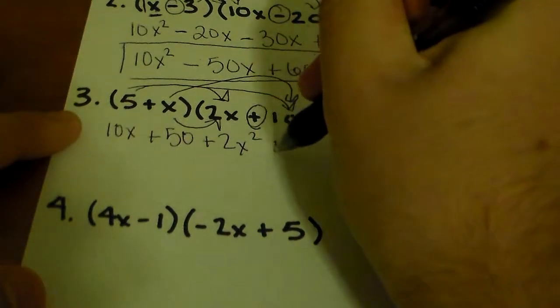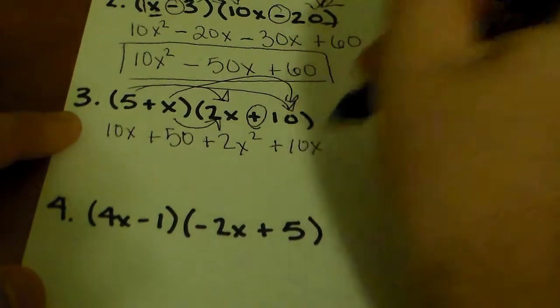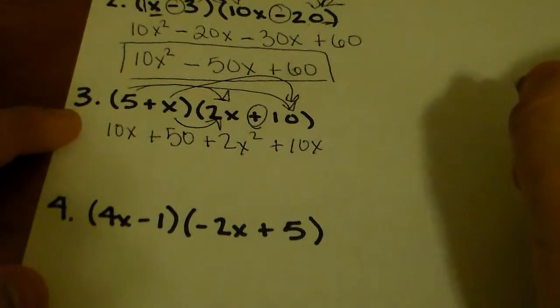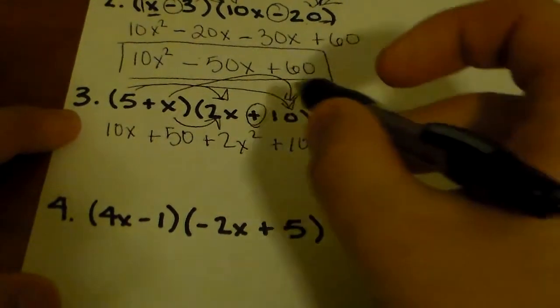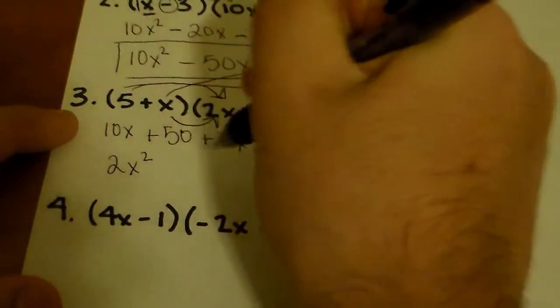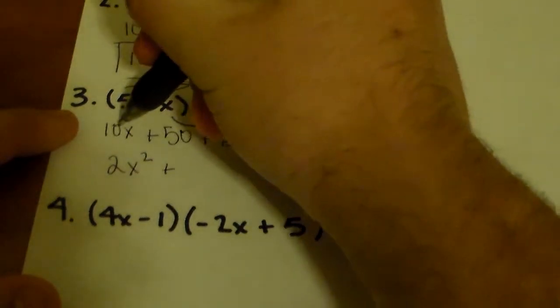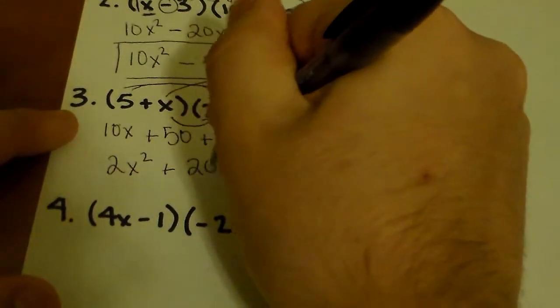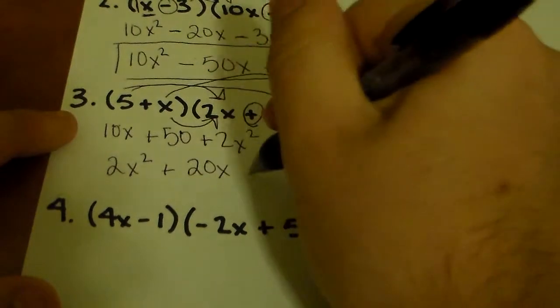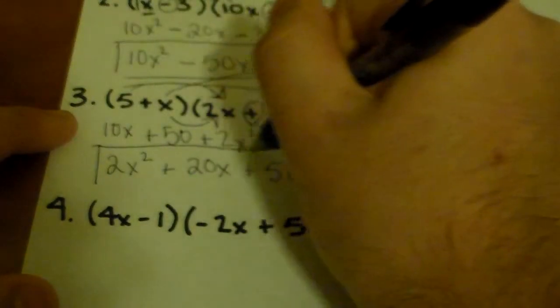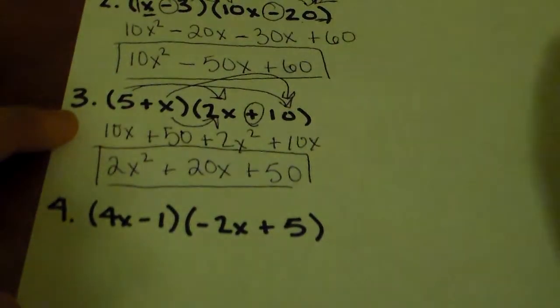So it'll be plus 10x. So now we just simplify it and combine like terms. So it's going to be 2x squared plus the 10x here plus 10x here becomes 20x, then plus 50. Final answer for this problem is 2x squared plus 20x plus 50.